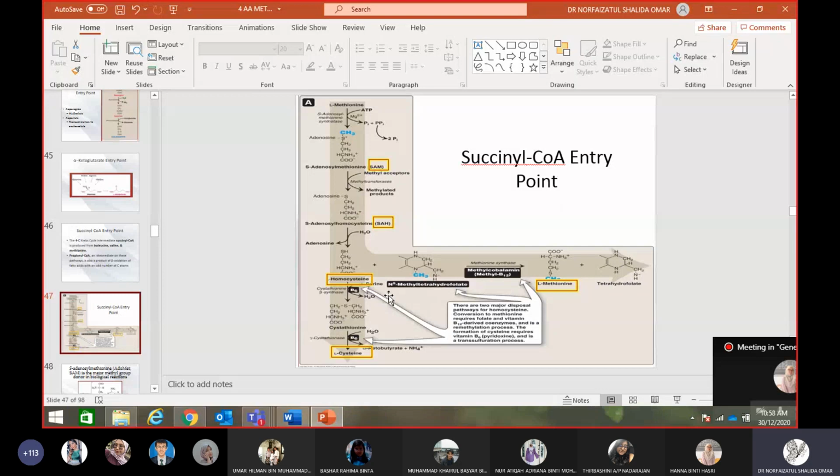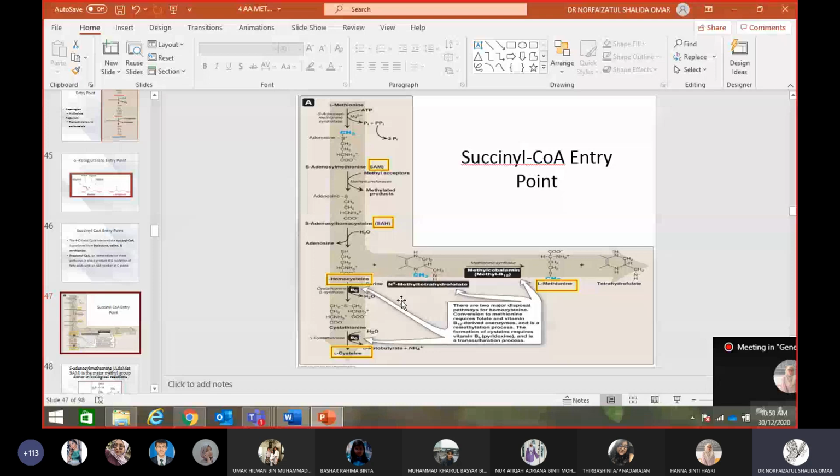Okay, what's so important about this reaction is that the amino acid methionine will be converted to SAM, S-adenosylmethionine. Then it will be converted to SAH, S-adenosylhomocysteine, and then to homocysteine. But without folic acid, vitamin B6 and B12, it cannot be further converted, because homocysteine is actually toxic to our body.